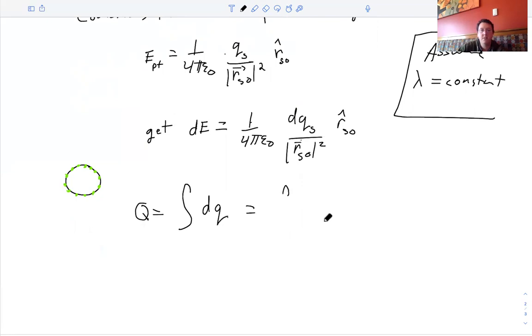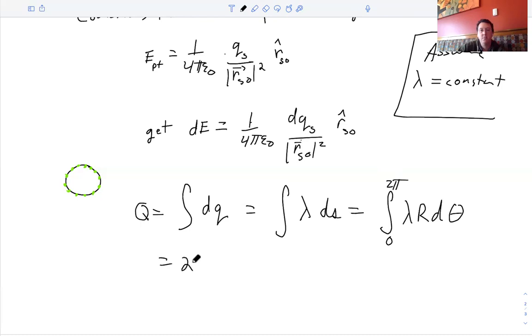That means it's the integral of lambda ds, which is the integral of lambda r d theta from 0 to 2 pi. You can check that that is 2 pi r lambda. All right.